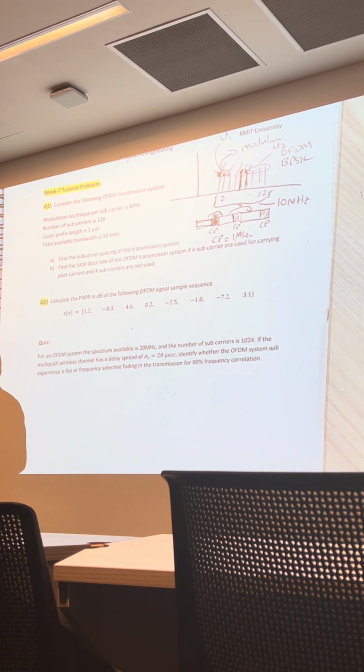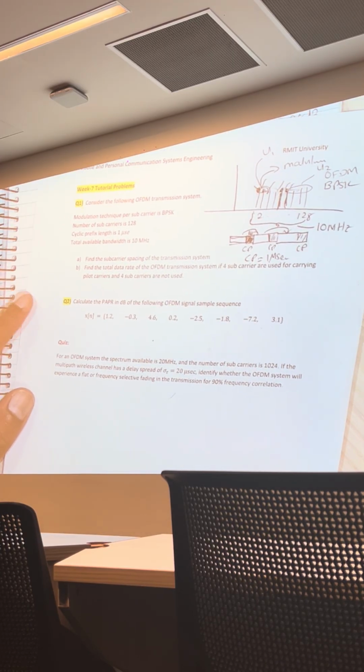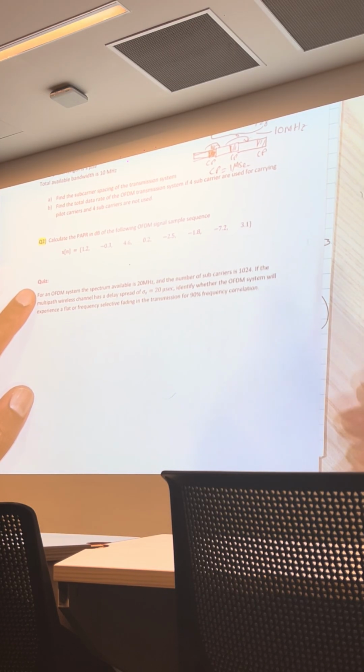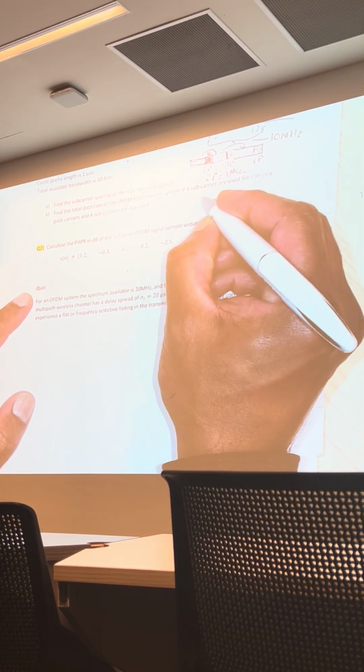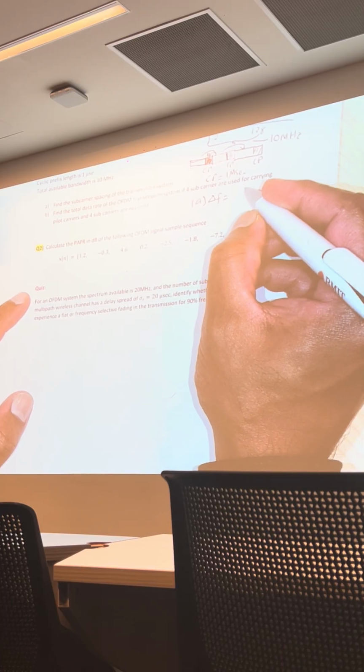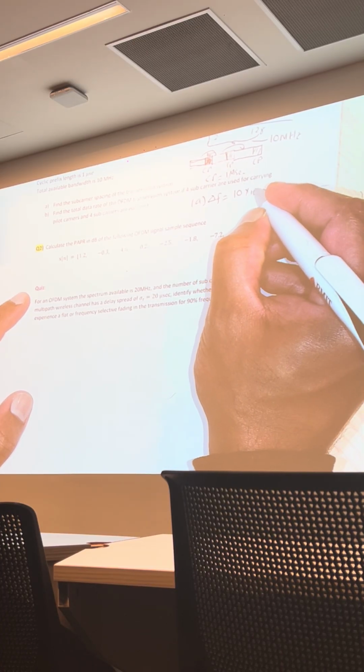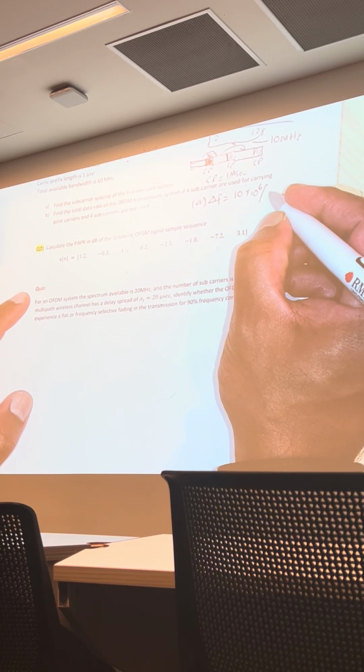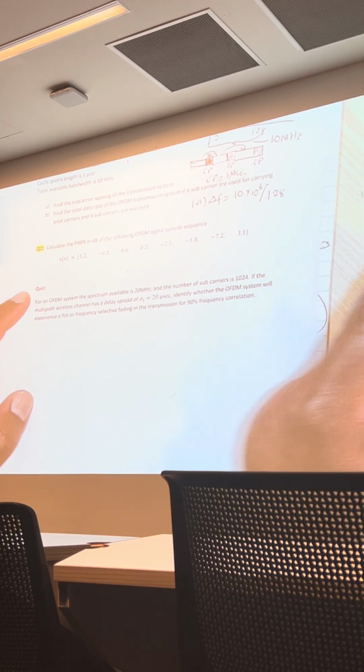That will give you the subcarrier spacing. So for part A, the subcarrier spacing delta F is 10 times 10 to the power of 6 divided by 128.